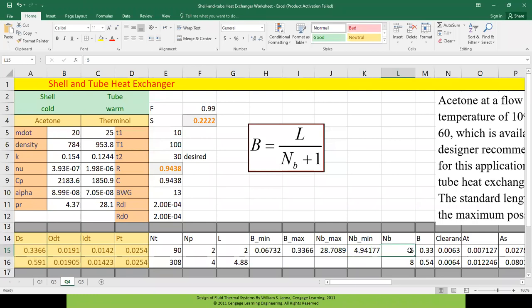Is it clear? Okay. So initially I choose it 5, right? So when I decided my number of baffles integer fixed number 5, then I substituted 5 in this formula again to calculate my baffle spacing. So calculate the baffle spacing again using this formula. Now we fix the number of baffles as 5, and found the baffle spacing to be 0.33.